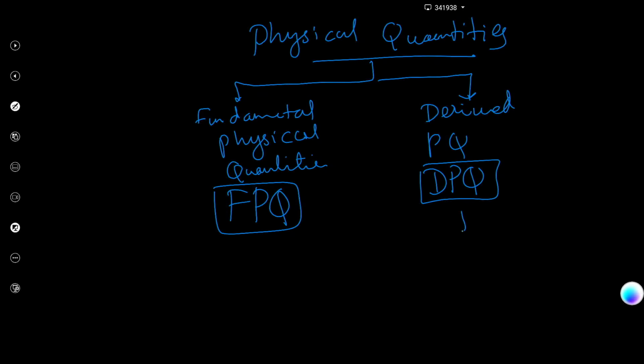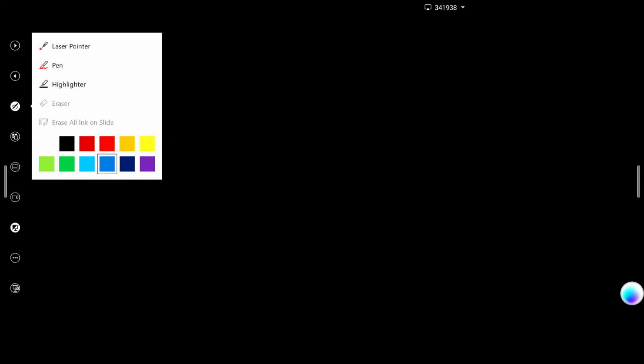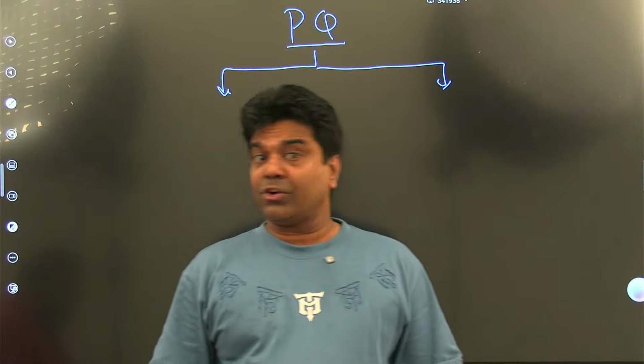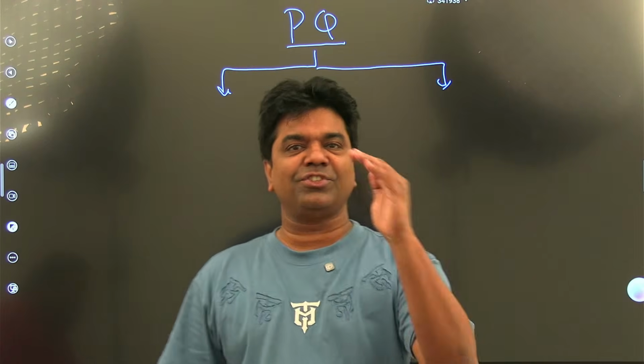So then we divide the derived physical quantities into parts, you know. So we were doing this all this time, but other than this particular division, these physical quantities can be again divided into two based on another feature. So you all know that the dichotomous key is based on something.